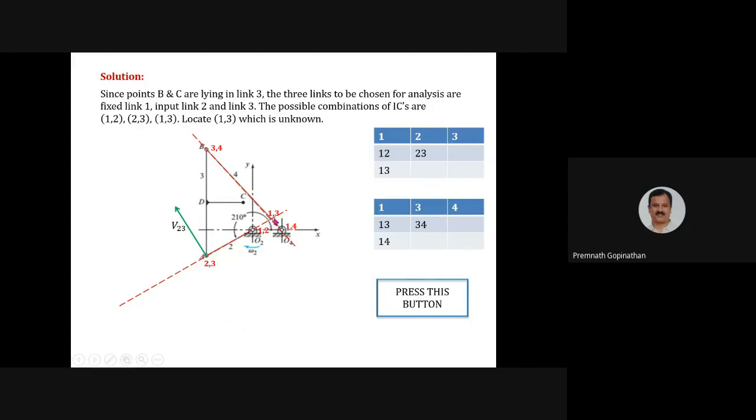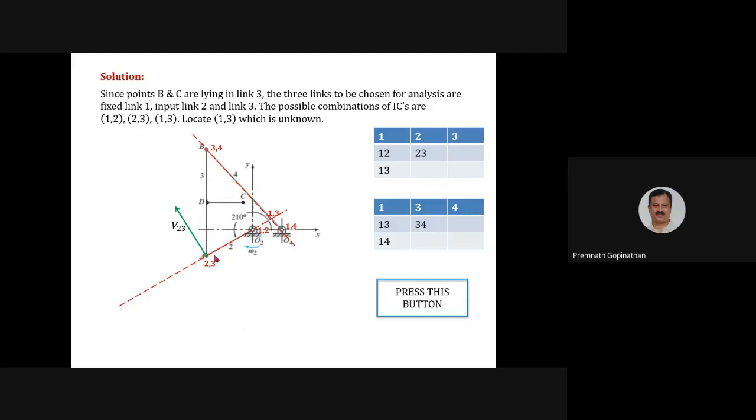Why? Because 1 is numbered as the fixed link. So whenever you have a combination of instantaneous center with link 1, definitely that particular point will be a fixed point. Measuring the velocity with respect to that fixed point will give you the absolute velocity of the respective point.